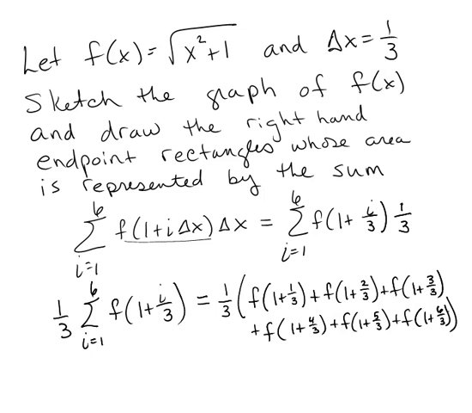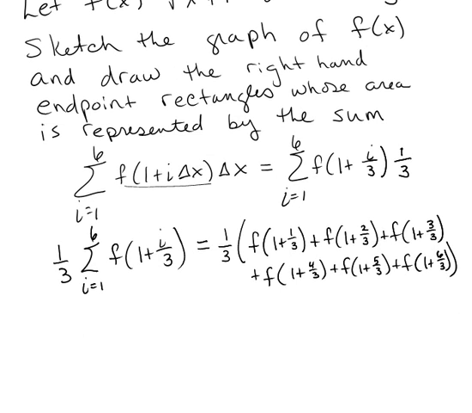So you can see that the a is the first value here, that's 1, and the last number is 6/3, which is 2, and 1 plus 2 is 3. So your interval is from 1 to 3, and you're going to be counting by thirds in there.